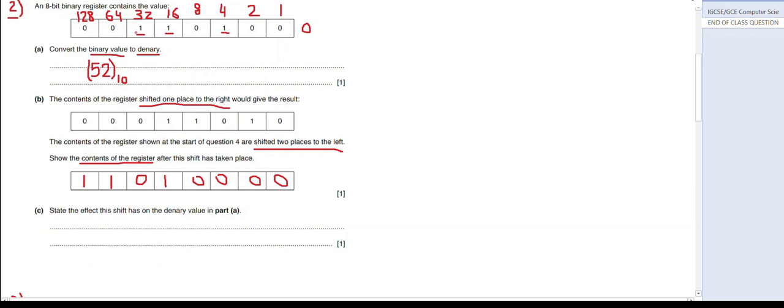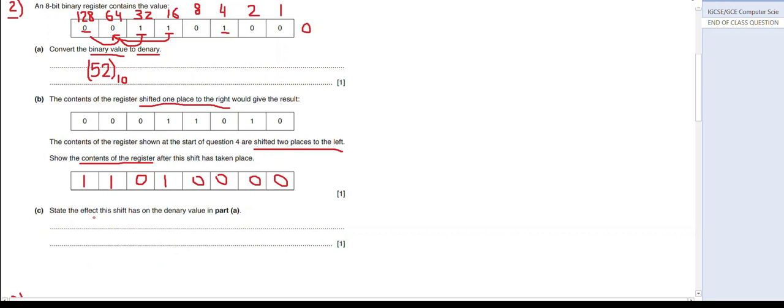How? For example, if we take this one, when we shift it two places to the left, it will come here in this position, this one will come here in this position. This process will be continued, 1 1 0 1 0 0 0 0, right?